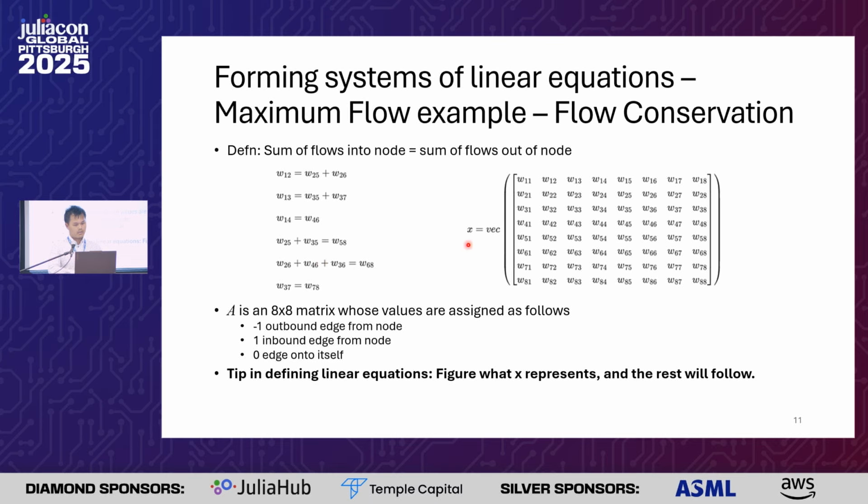And here, what we're trying to solve for are the flows given by x, and this can be vectorized via one example, this scheme here. The technique is basically to figure out what x represents, and then the equations would define themselves.